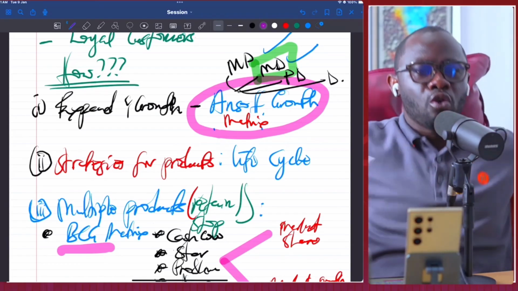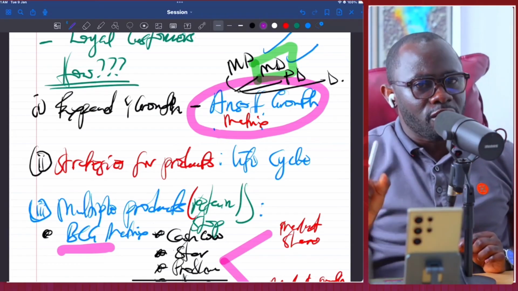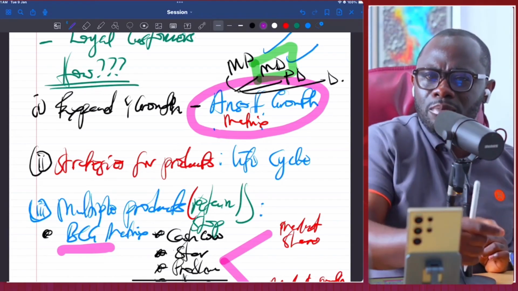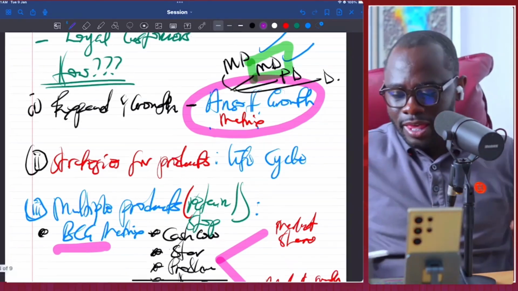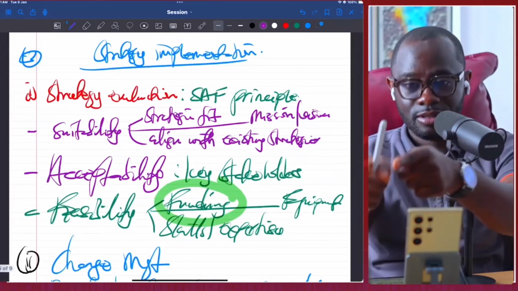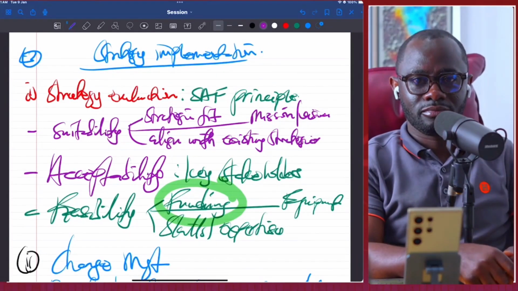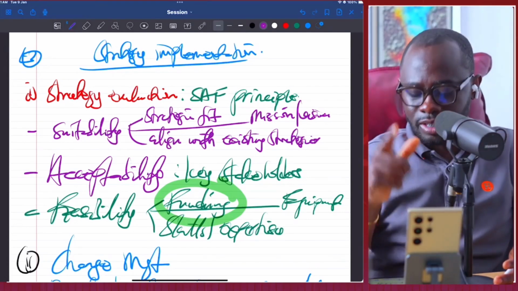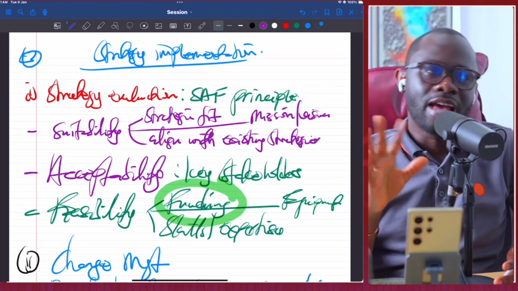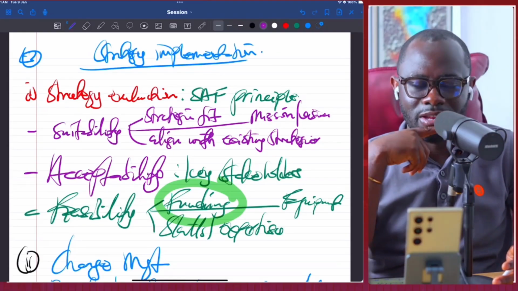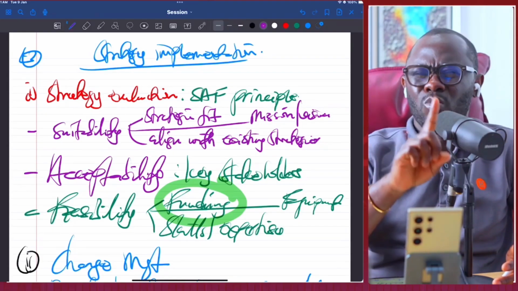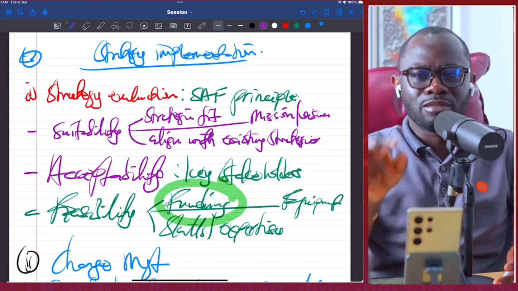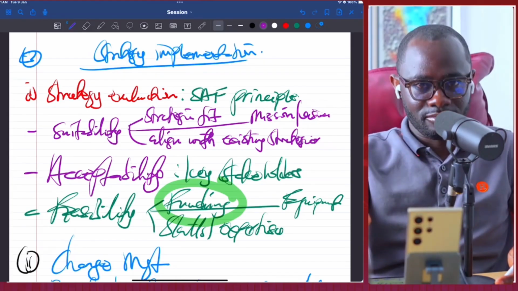That conclusion of which of the 4 may be appropriate to the company and why is the SAF principle. So you have to look at suitability, acceptability, and feasibility. In the last examination diet, it's only once or twice that this has been asked directly.